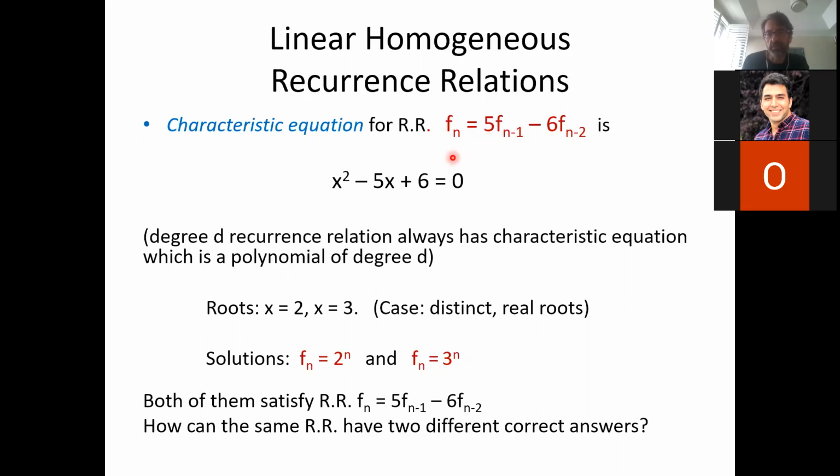So in fact, you can read it off straight away. Just move these terms to the same side, so they become Fn minus 5 of these plus 6 of these. And this is exactly the terms of the quadratic equation that you will get.